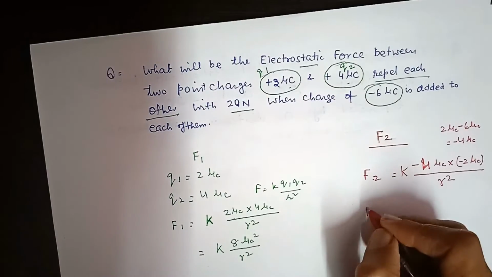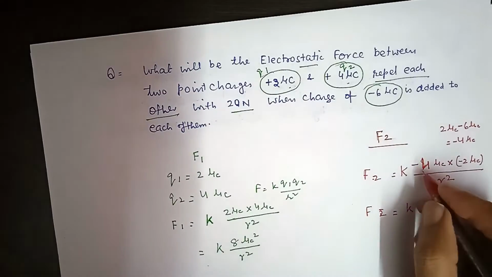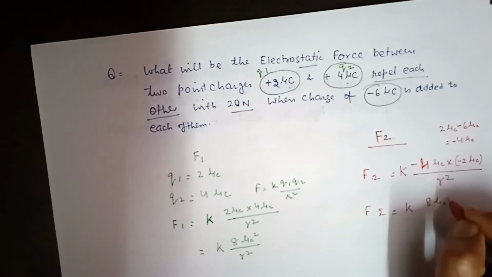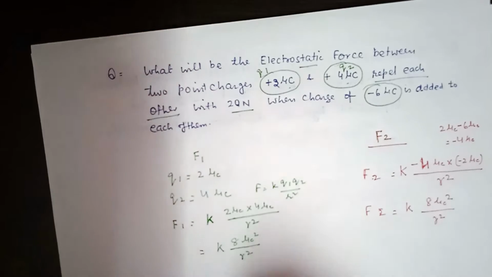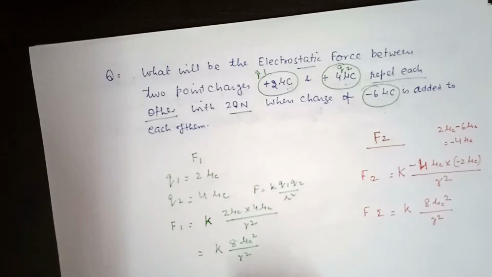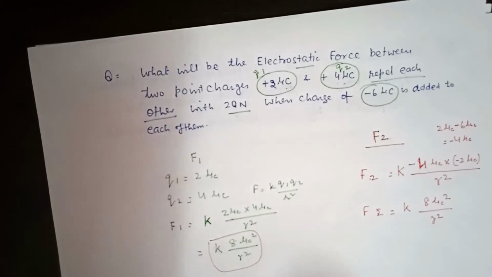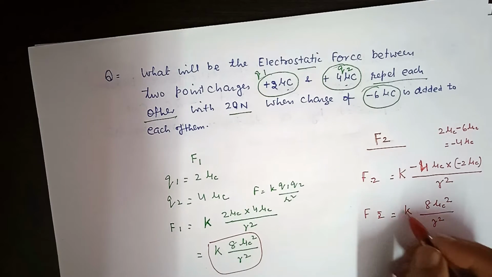F2 will become K minus 4 into minus 2, 8 microcoulomb square divided by R square. This is also the same.